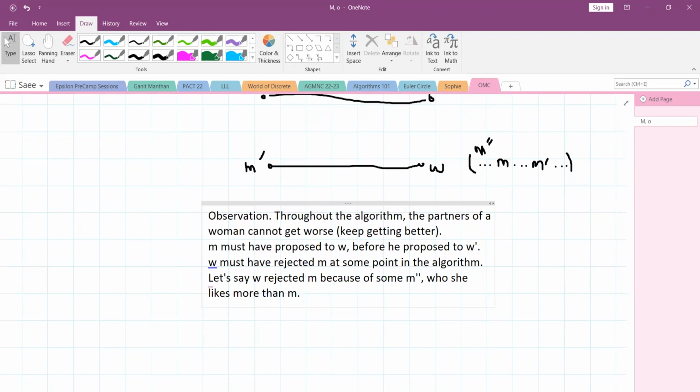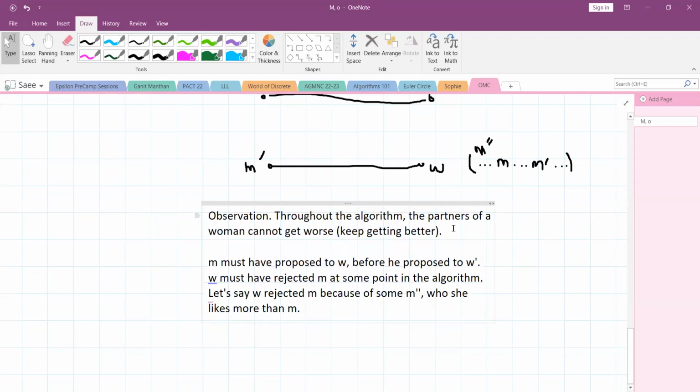So what happened? W was paired with M double prime, right? But then what happened at the end of the algorithm? W is paired with M prime. Can that happen? So at some point in the algorithm, W is paired with M double prime.